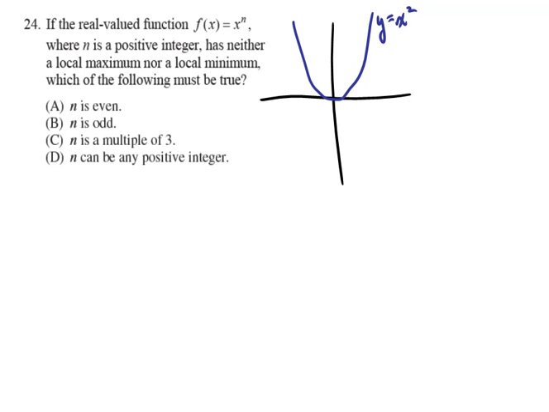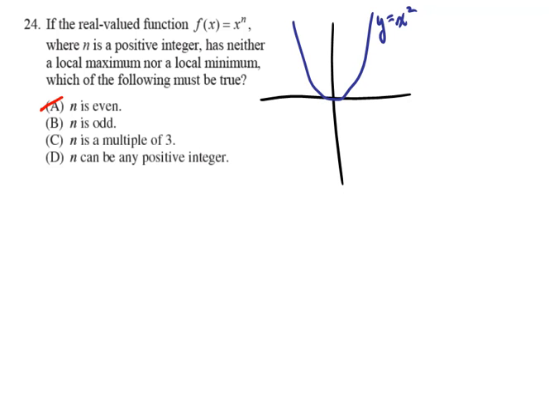So just the fact that the exponent is an even number tells us that that can't be true. Just the fact that n is even will not rule out the cases such as x squared, x to the fourth, x to the sixth. So that answer is gone.